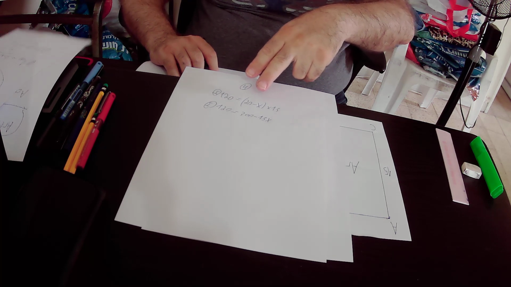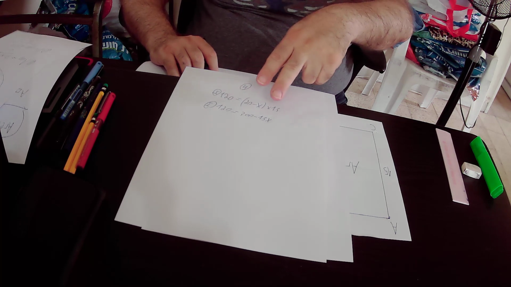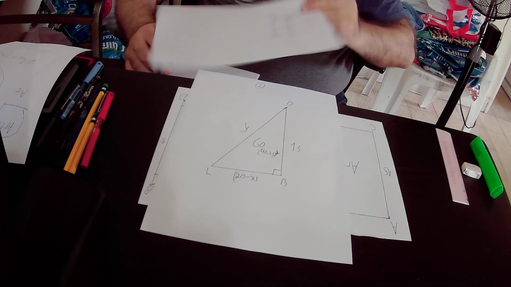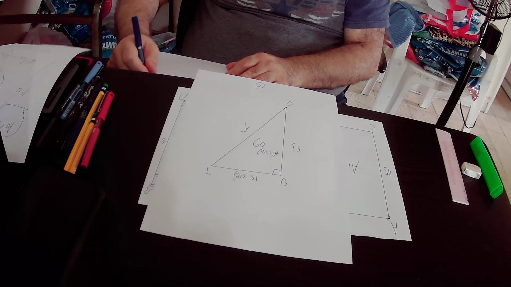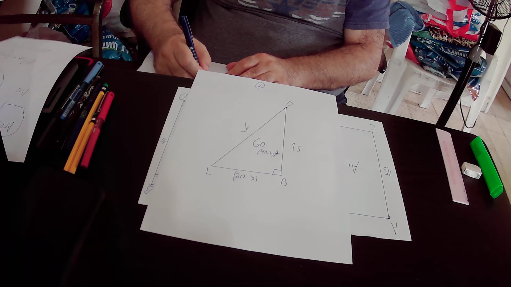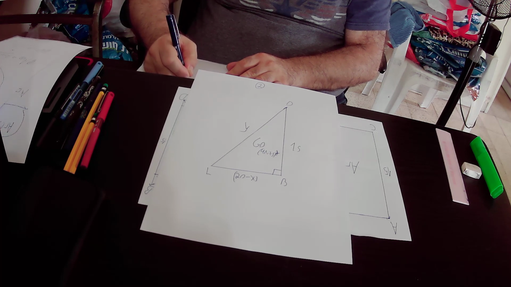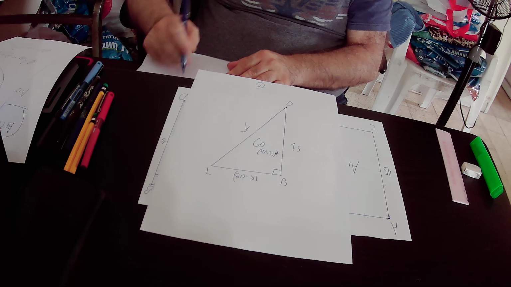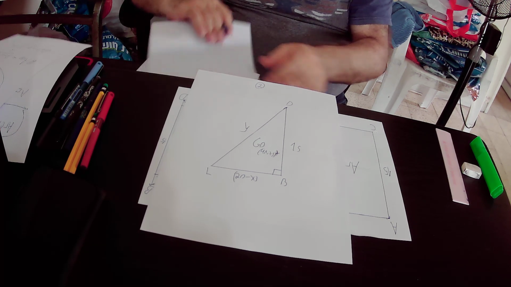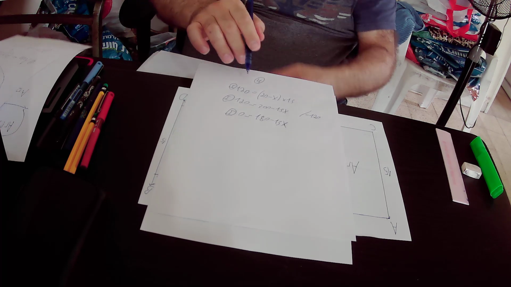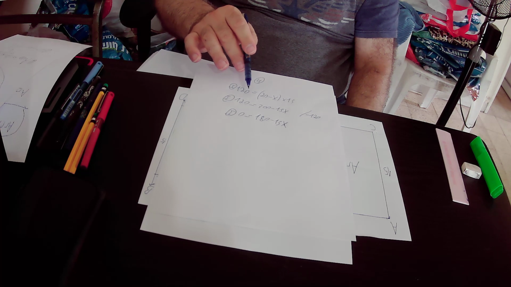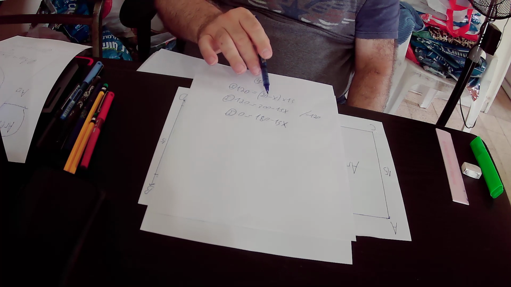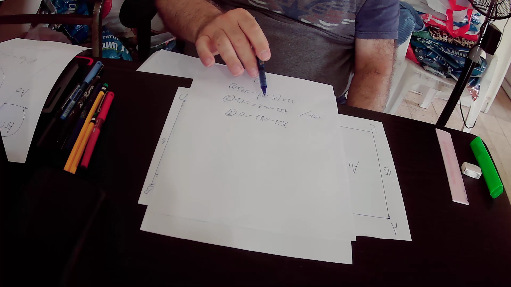Now we will subtract 120 from this equation. So we subtracted 120 from this equation. 120 minus 120 equals 0, and 300 minus 120 equals 180.